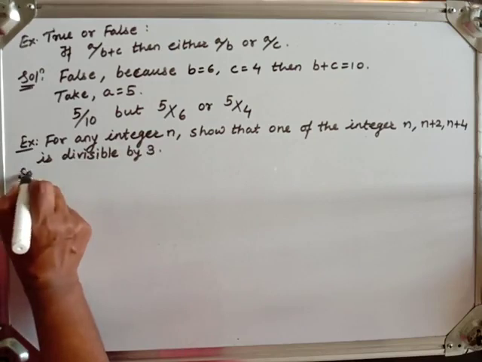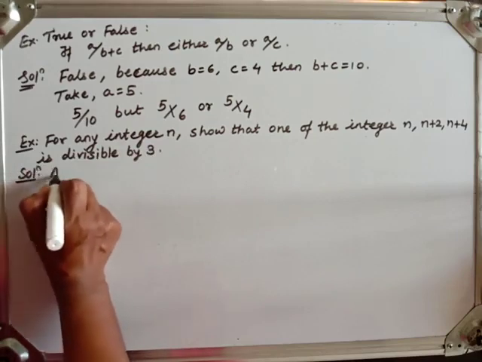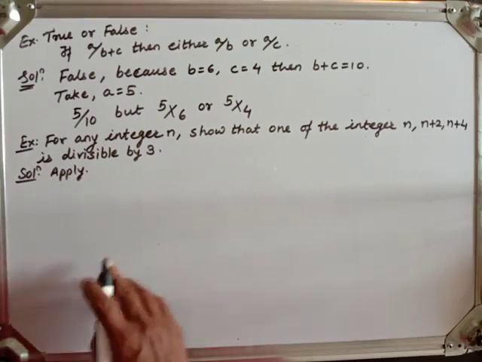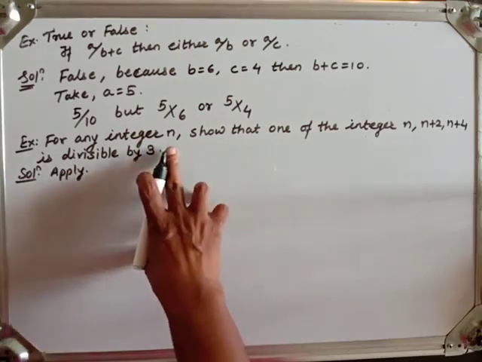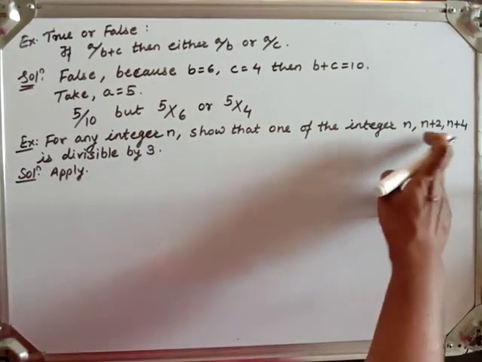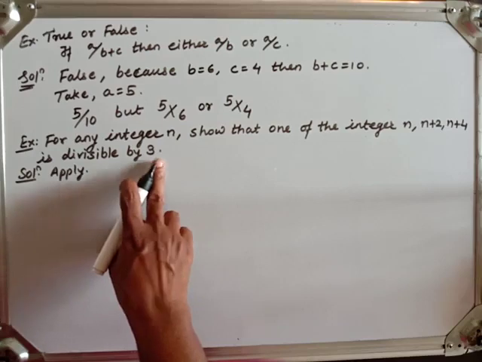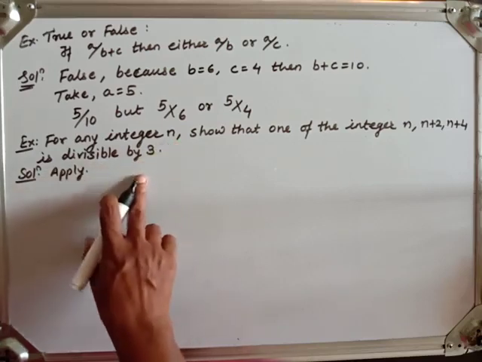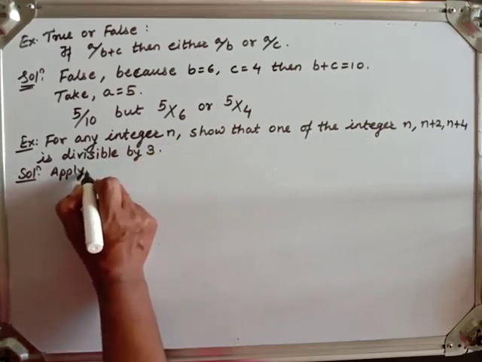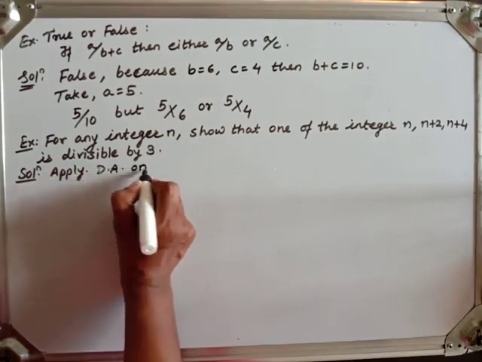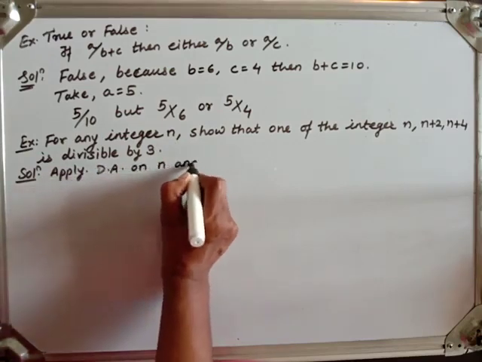Now solution of this: again the same thing comes here. Here n is any integer, and we have to show one of these integers is divisible by 3. So again I will take n and 3 and apply the division algorithm on them.